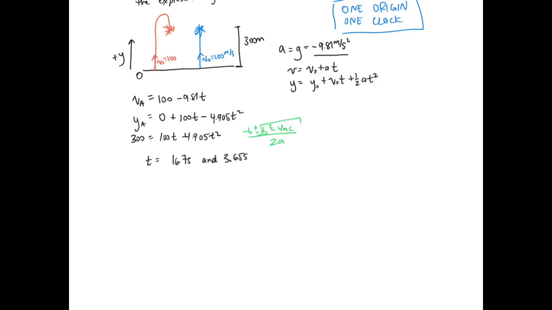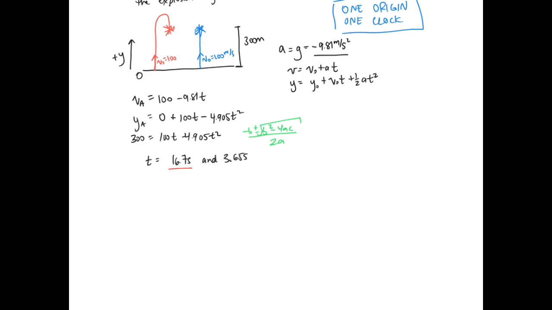So from this, which t value do you take? You're going to take the second t value, because the first time, and I'm just going to show you on this drawing up here, the first time it passes the height of 300 meters, it doesn't explode. It explodes the second time it passes that height. So for firework A, it's going to explode at 16.7 seconds.